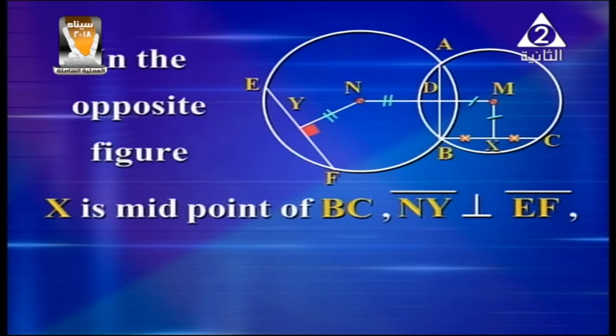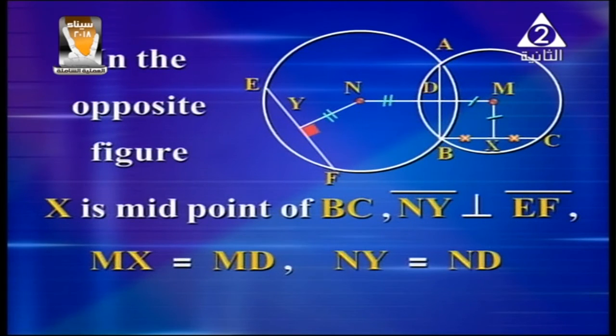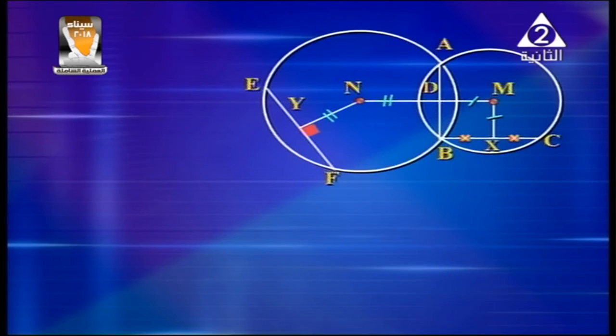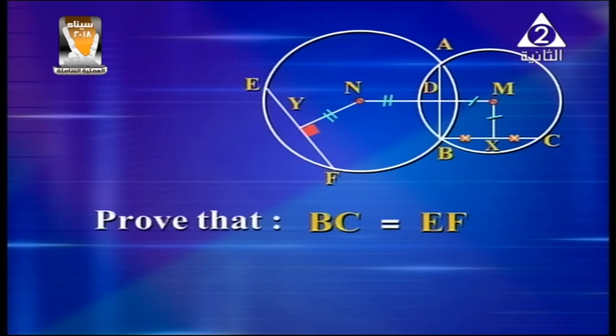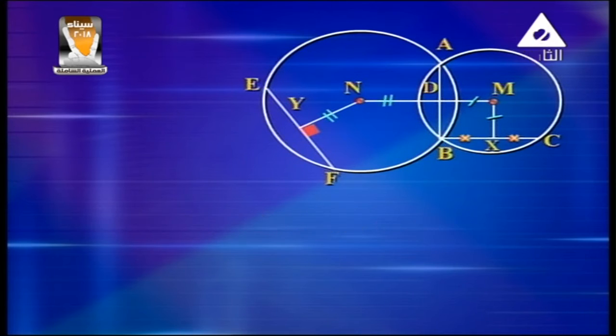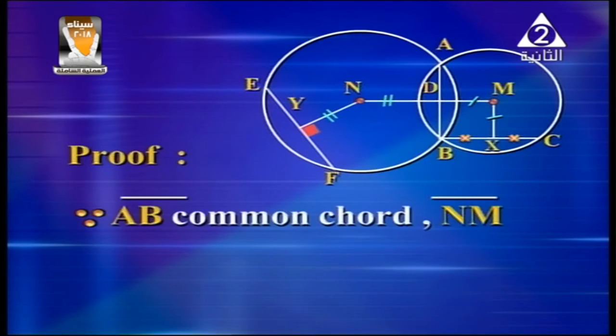In the figure opposite, X is midpoint of BC, and Y perpendicular on EF, MX equals MD, and Y equals ND. Try to prove that BC equals EF. At the very beginning, you are going to notice that AB is a common chord, and NM is the line of centers.